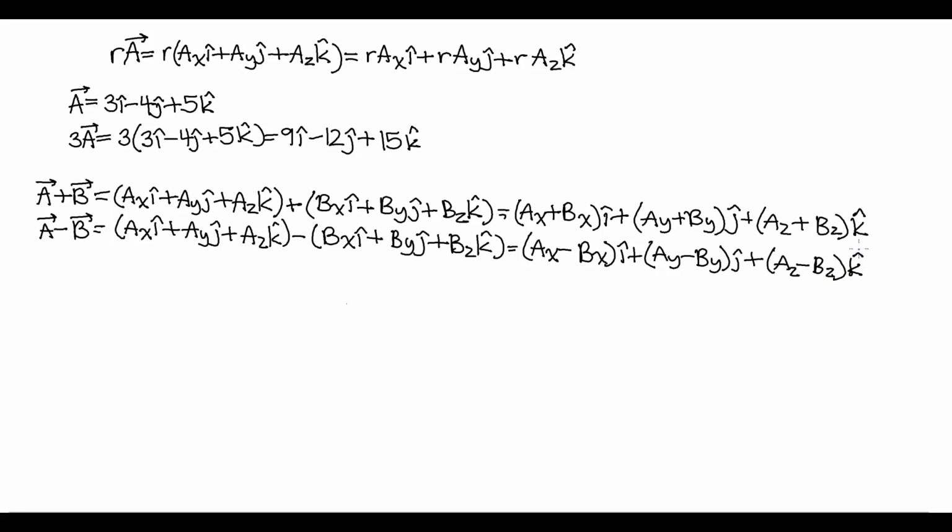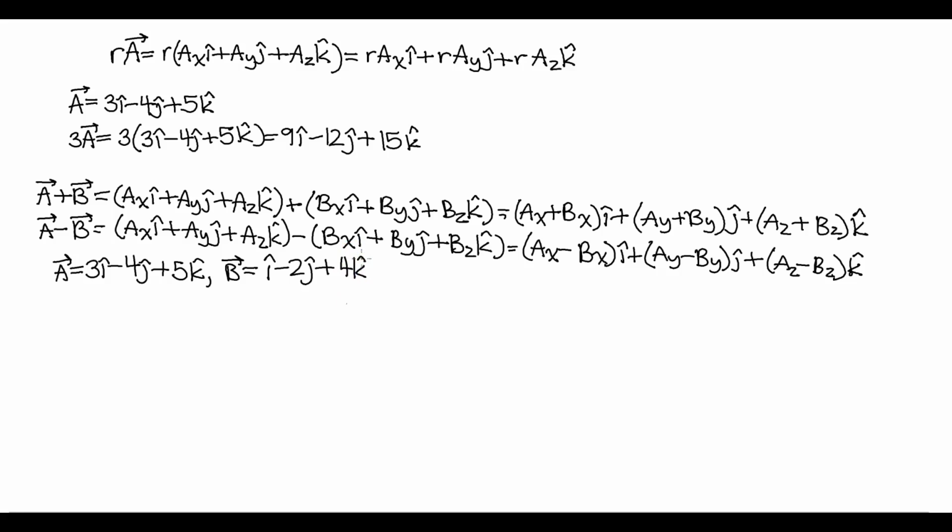So let's do another example. Let vector A equal the same vector we did above, 3i minus 4j plus 5k, and vector B is equal to i minus 2j plus 4k.